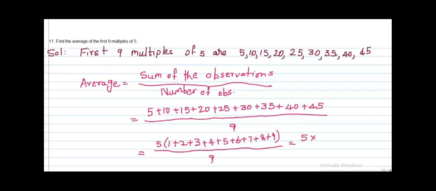How is it so? The sum of the first n natural numbers is given by the formula n into n plus 1 by 2. Here n is 9. So 9 into 10 by 2, or directly 9 into 5 whole divided by 9. So we get 5 into 5, which is 25. So the average of the first 9 multiples of 5 is 25.